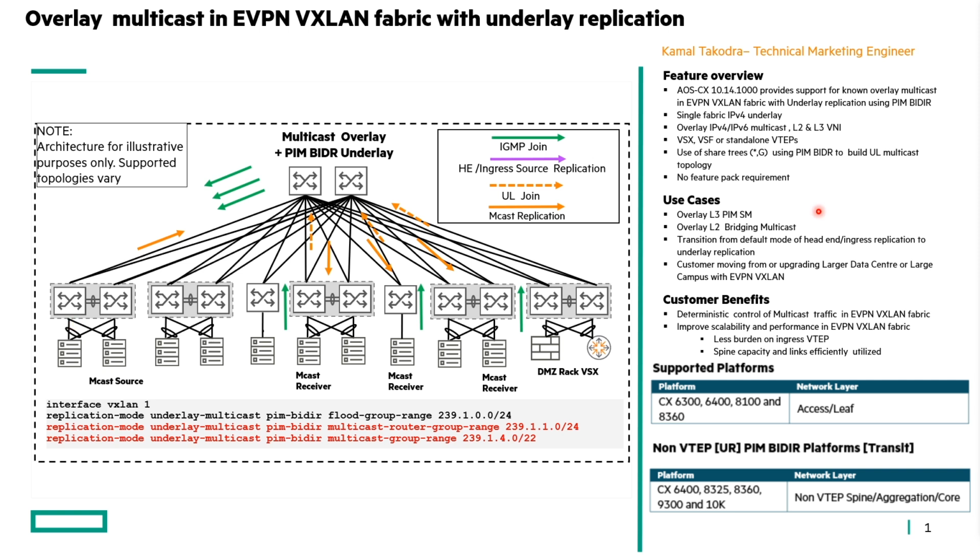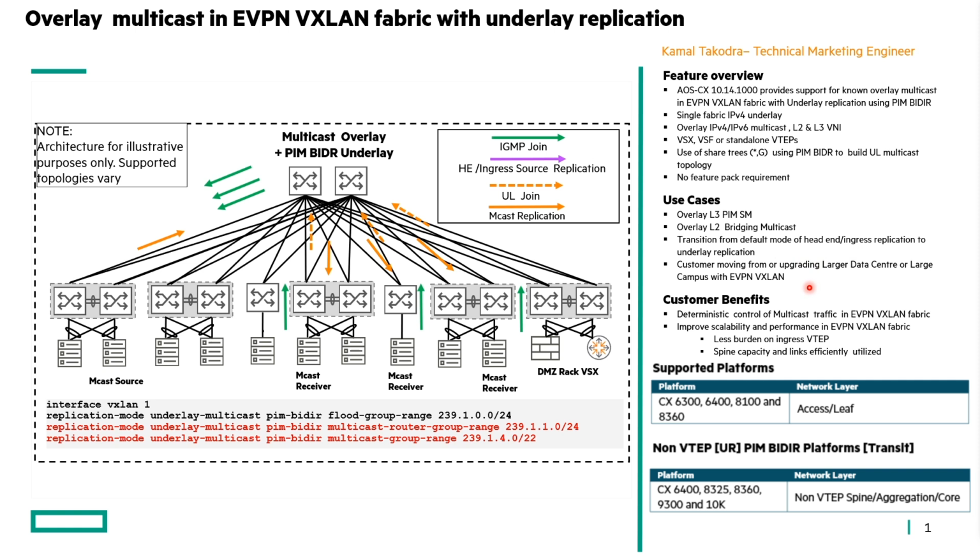Overall, this lends itself to enabling right-sized designs and improving capacity and scaling of single fabrics. The use cases here are overall layer 3 PIM sparse mode in the overlay, and overlay layer 2 bridging of multicast, and really transitioning from a default mode of head-end ingress replication to underlay replication.